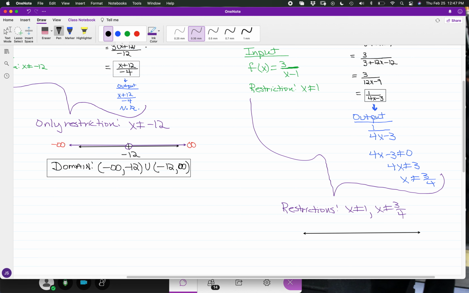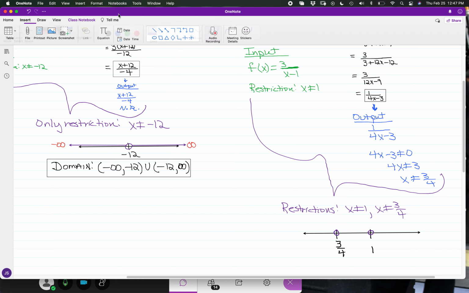Looking at the dynamics that will play out, you have a fraction at 3/4, and also the number 1. Again, both 3/4 and 1 are excluded.